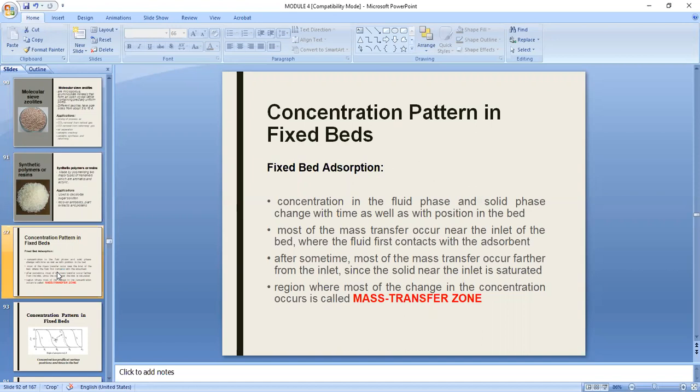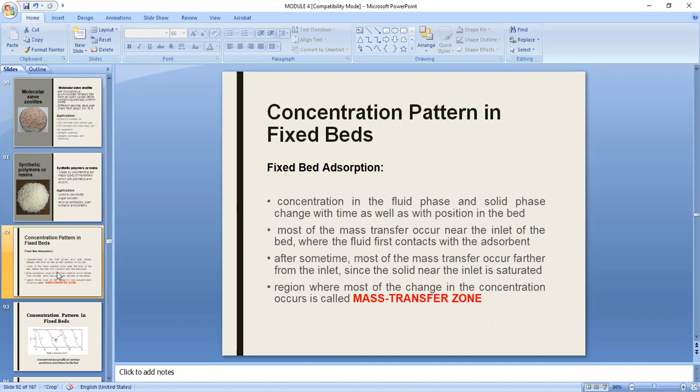So concentration in the fluid phase and in the solid phase changes with time as expected, as well as with position in the bed. As the fluid flows through the bed, the concentration at one position is different from another. Let's say point to point, concentration is different. The same thing with, of course, the time.